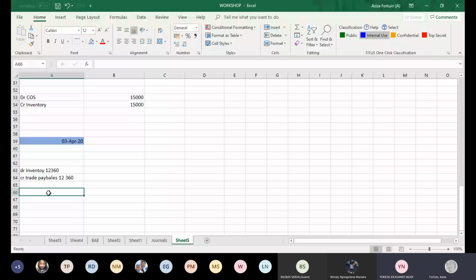That's going to be the WIP, work in progress. And the other one, we're issuing material to production, so it will be the material account as well. So the WIP will be debited, and the material account will be credited.